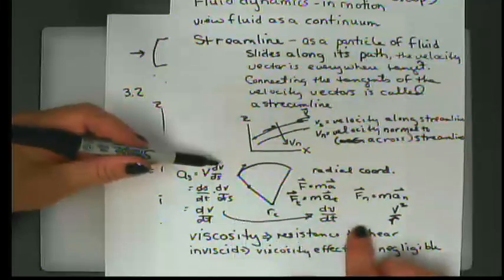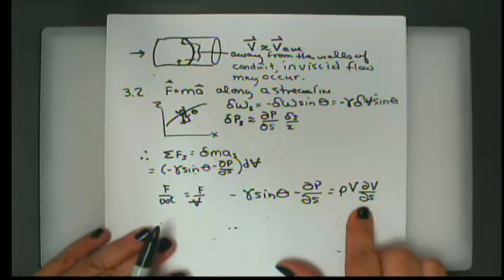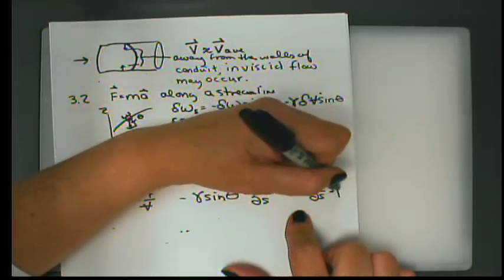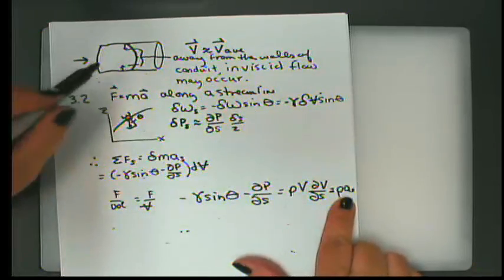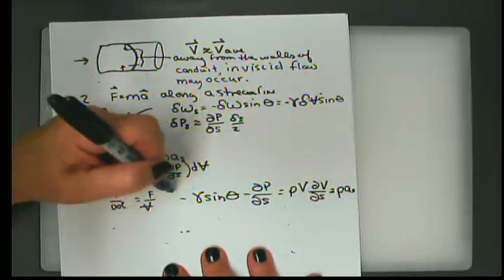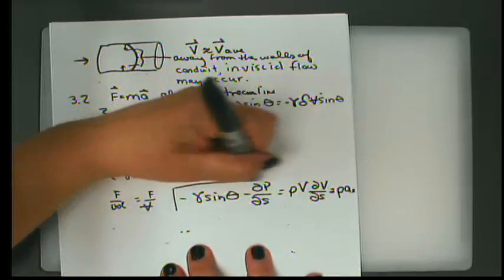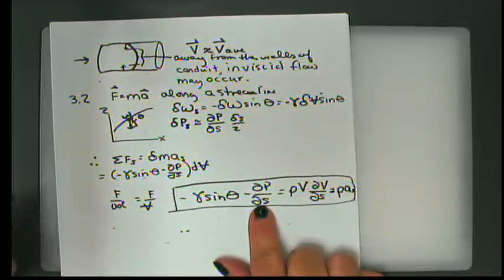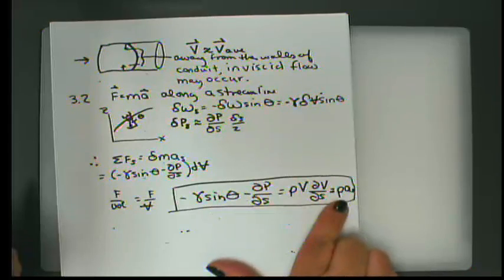Acceleration equals V dV ds coming from this term. And we can also then refer to that as rho times acceleration along the streamline. So this is more or less the finished equation that equates a pressure gradient along a streamline to a component of the weight and the acceleration of that particle of fluid.